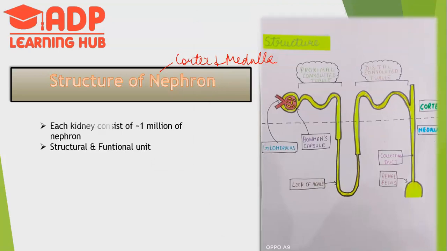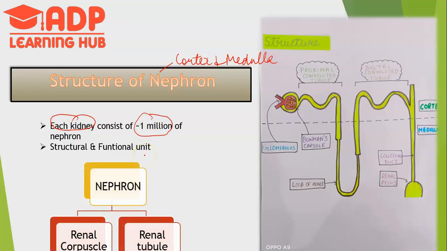We all know that the nephron is the structural and functional unit of the kidney, and each kidney comprises approximately 1 million nephrons. The nephron is broadly categorized into two parts, that is renal corpuscle and renal tubule.